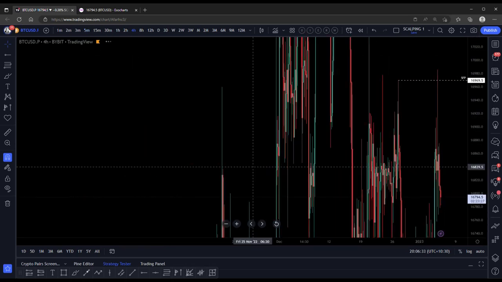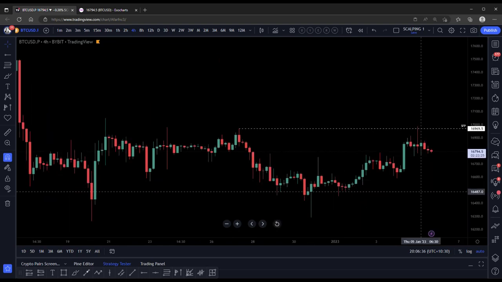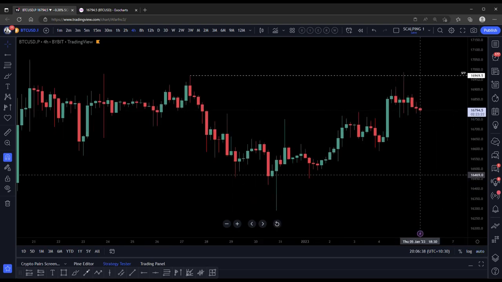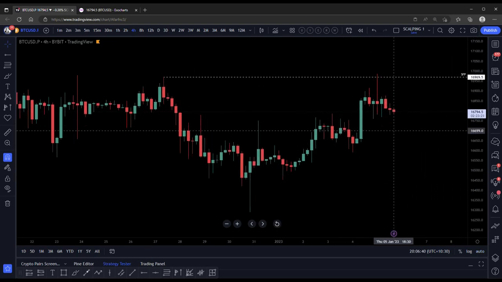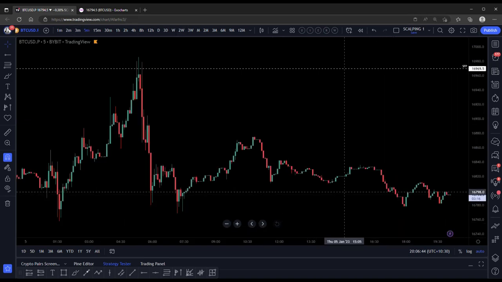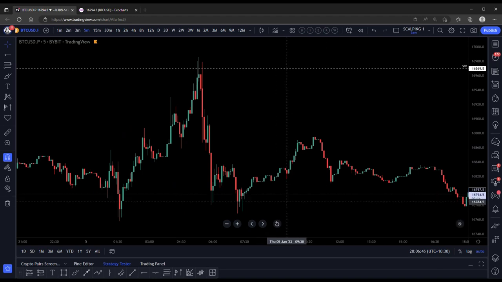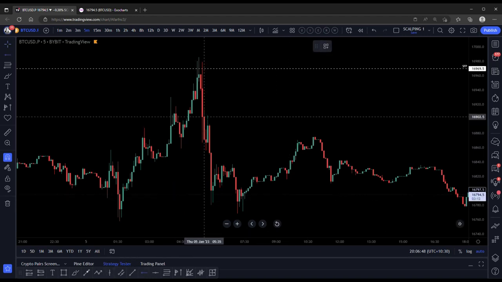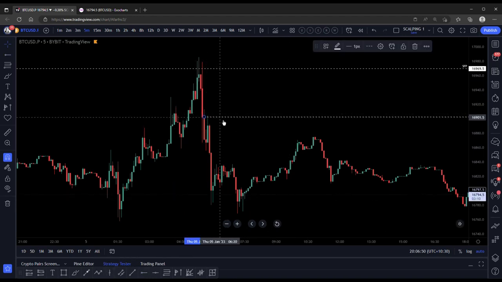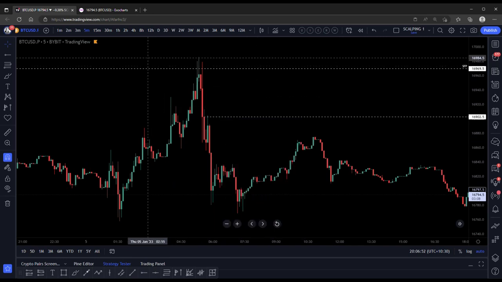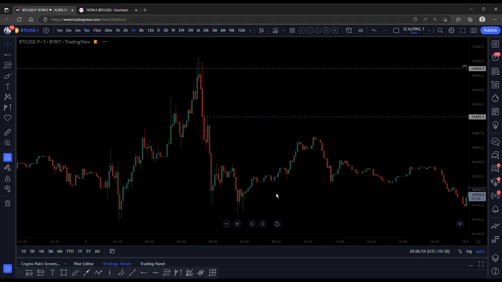Yeah, so I hope that makes sense, but at the moment, this is a beautiful SFP that I've actually caught the move around this area. Just leave it at that. Let's see.